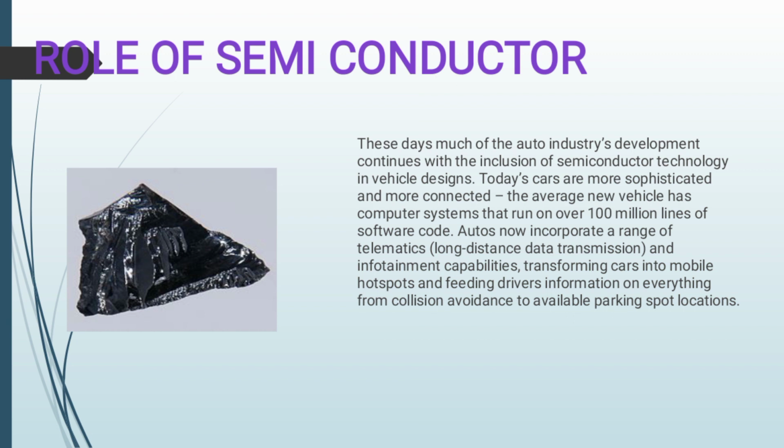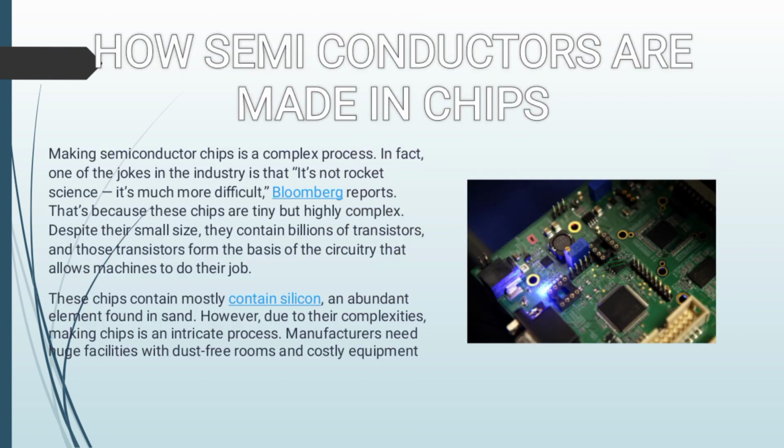The average new vehicle has a computer system that runs over 100 million lines of software code. Autos now incorporate a range of telematics and infotainment capabilities, transforming cars into mobile hotspots and feeding drivers information for everything from collision avoidance to finding a parking spot.